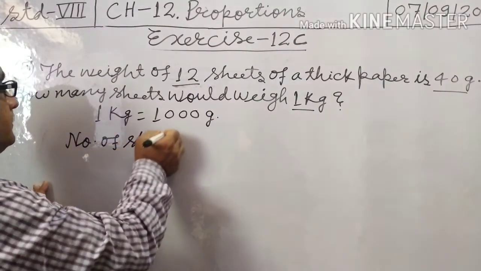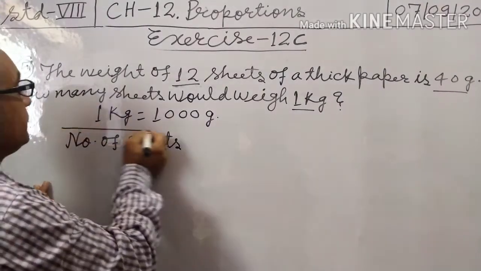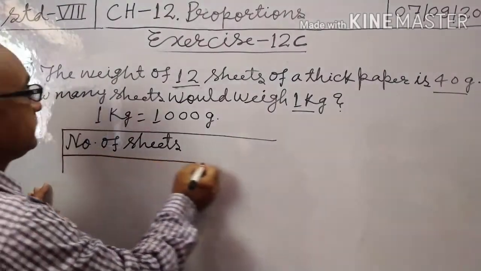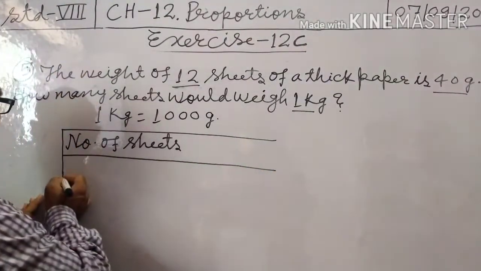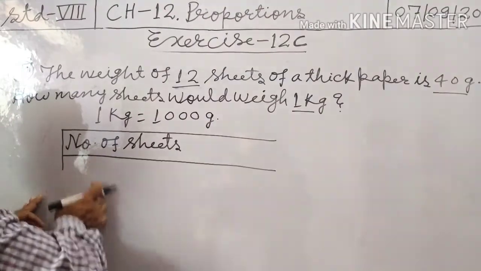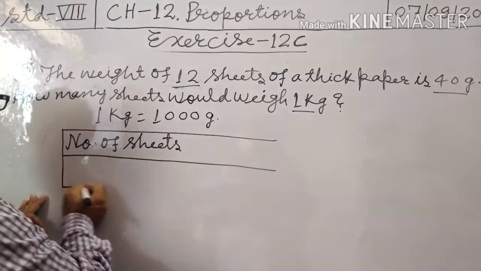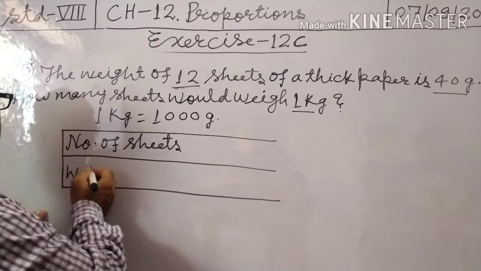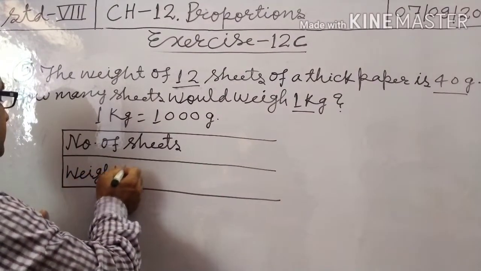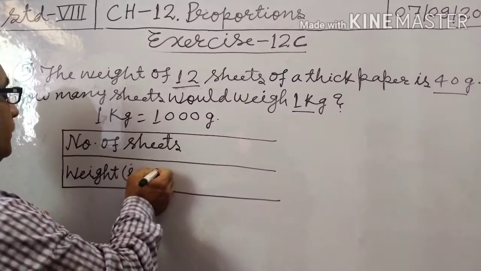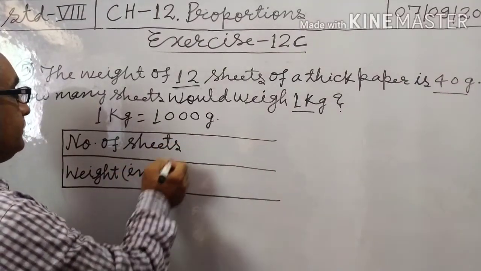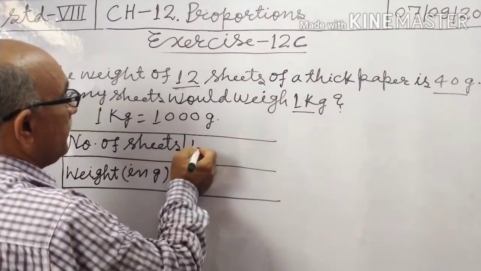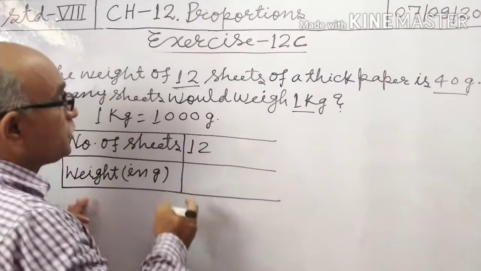Number of sheets. Weight in gram. Number of sheets 12.